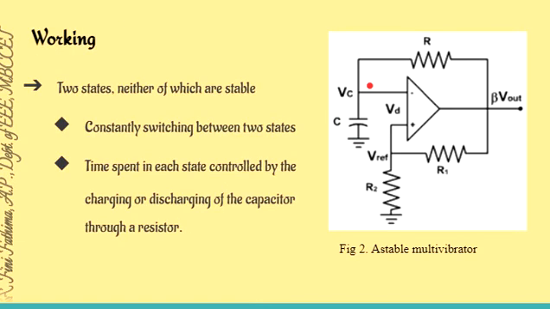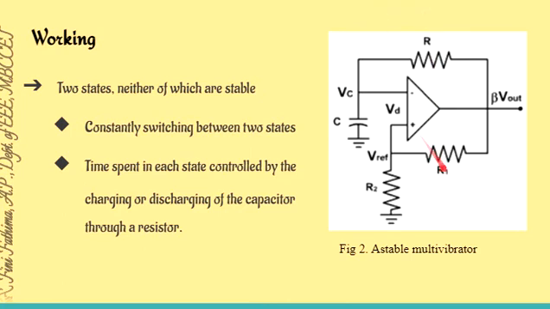From the name itself we know that the astable multivibrator or square wave has two states, that is, an on state and an off state.